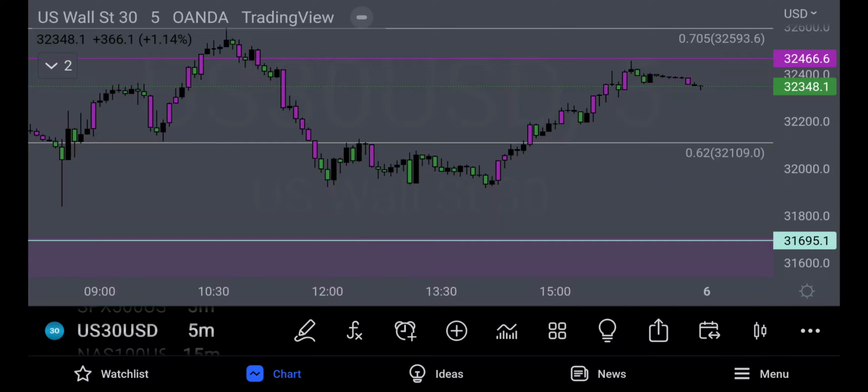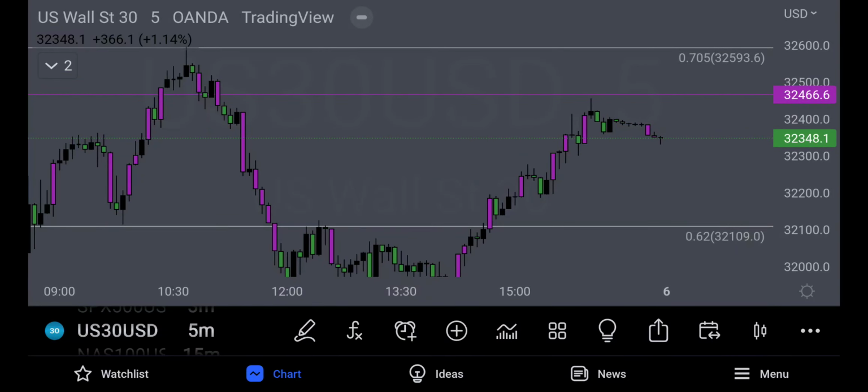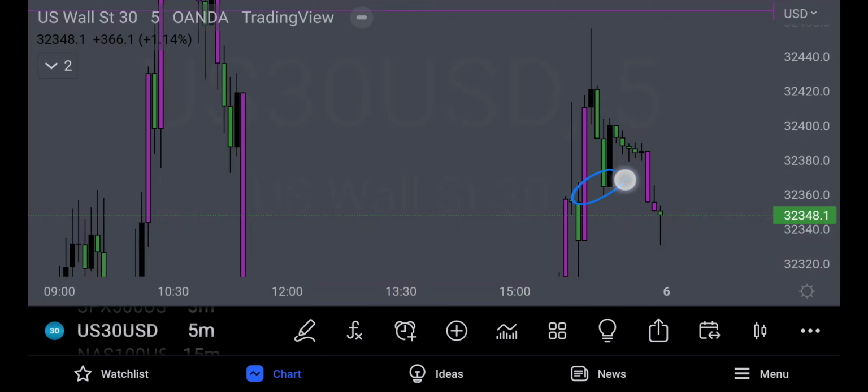Now let's take a look at the 5-minute. Recent price action, what do I see? Intermediate low, broken with a fair value gap. Intermediate low broken, fair value gap left behind. Looking for price to come into that fair value gap to then trade lower.